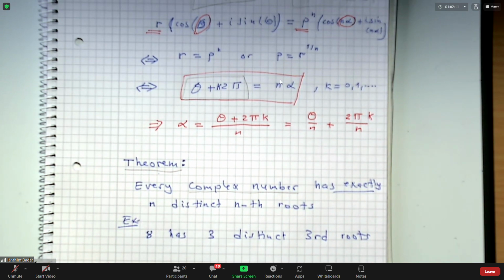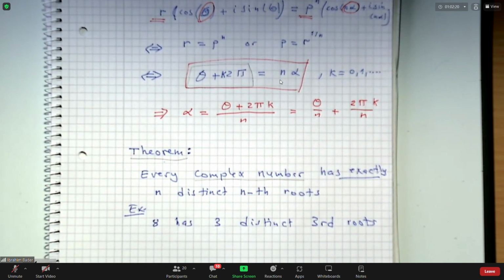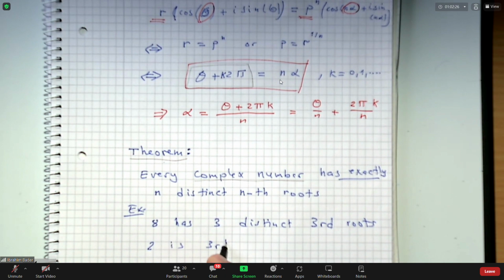Under the real numbers, we just saw in the previous example that 2 is a third root of 8.